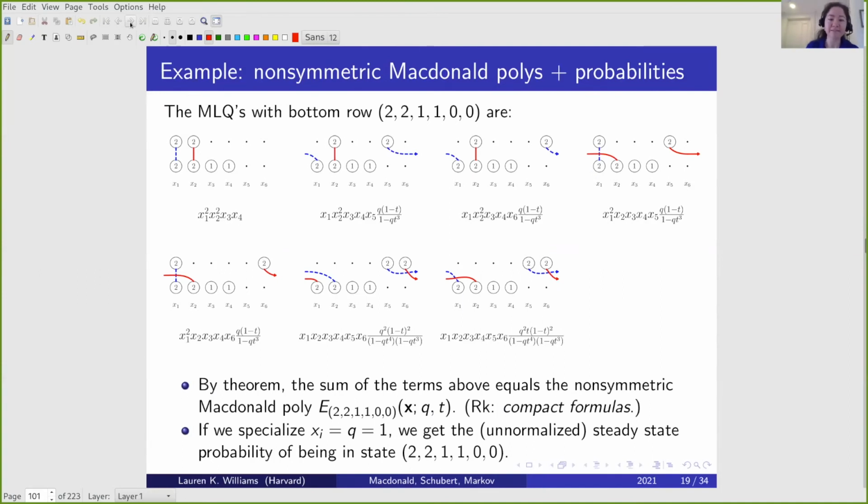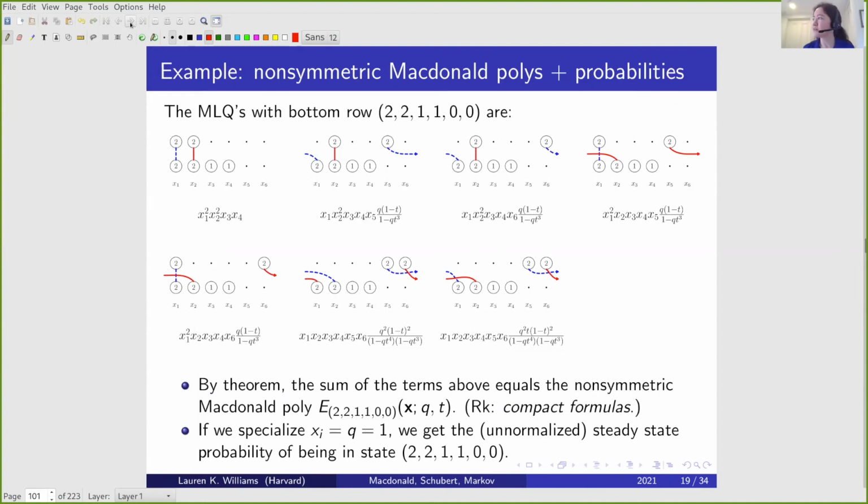Okay. Sorry, Lauren, can you explain, is the corollary meant to be evident? No, no. These MLQs are used to understand the, I forget what they're called, the ASEPs. Yes, I see. So that's where you got the, okay. Thanks.